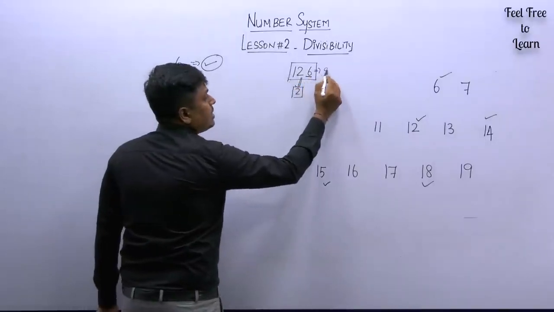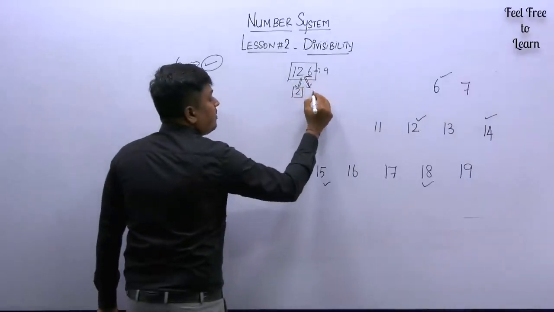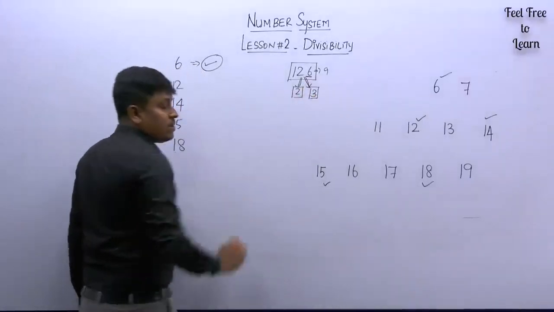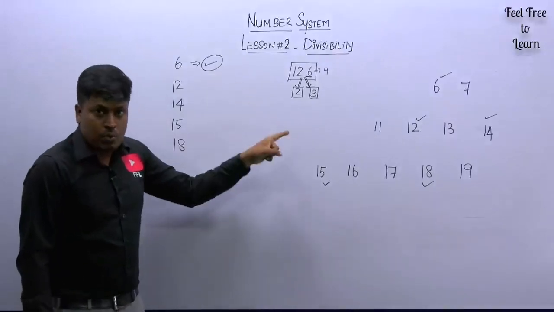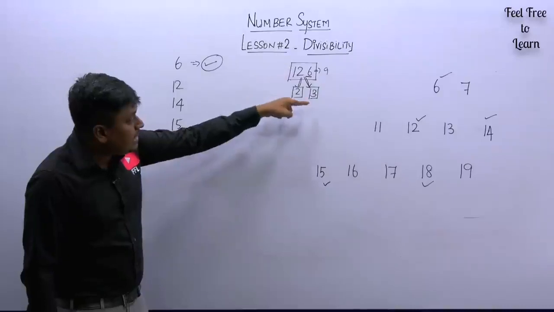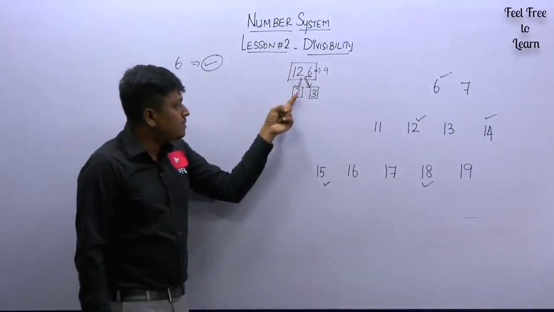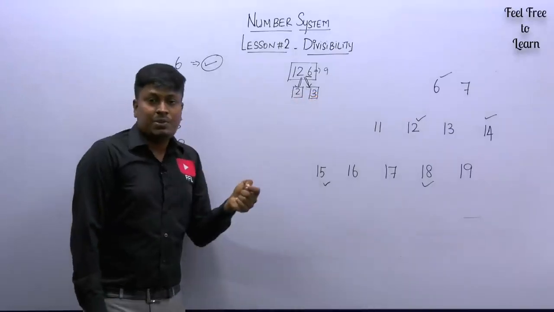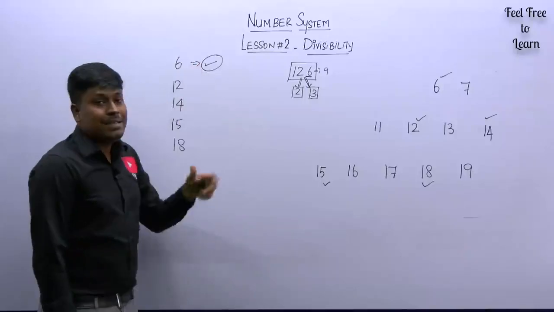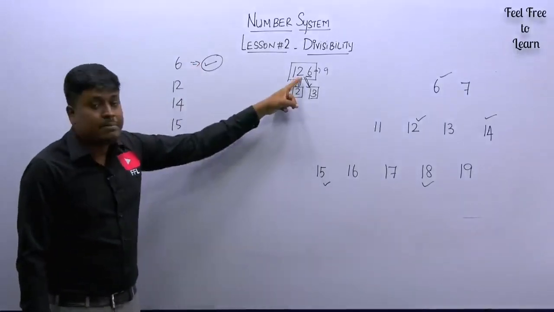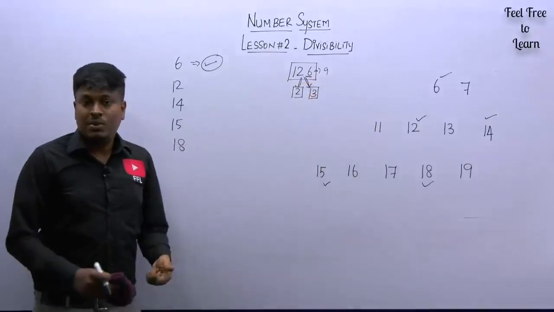So the sum of digits is 9, and 9 is divisible by 3. So the same number can be divided by 3 also. Yes or no? If the given number is divisible by 2 as well as by 3, then we can surely say that this number 126 will be divisible by 6 also. You can directly divide by 6. 6 2s are 12, 1 6 is 6, 21. Yes or no? Got it?